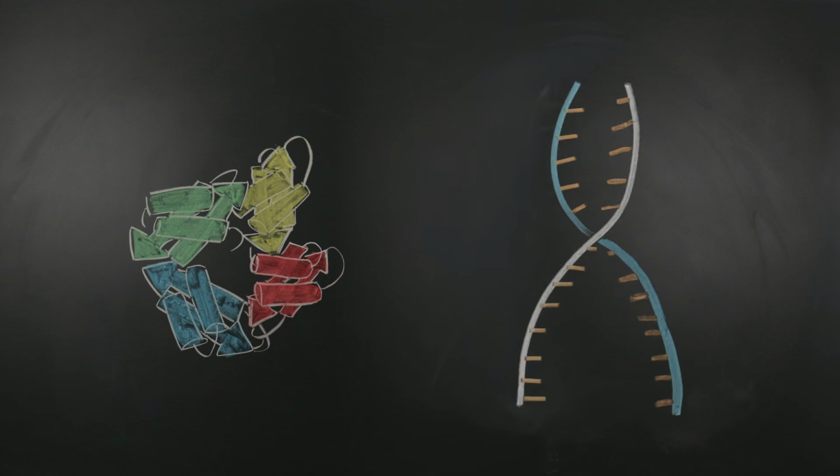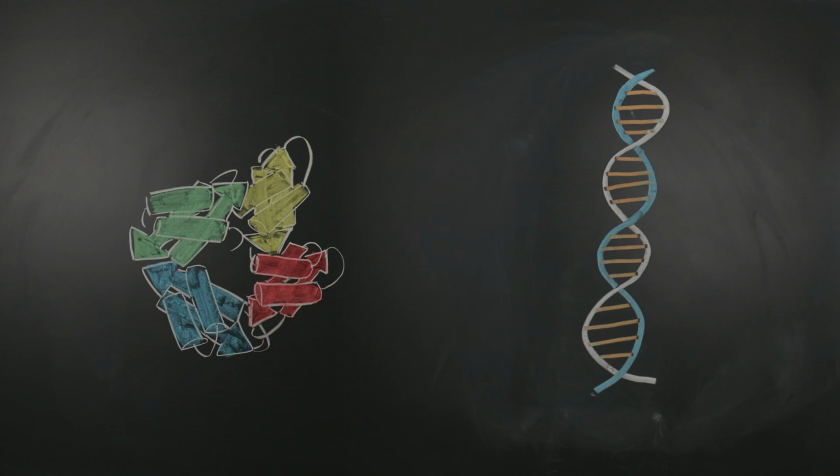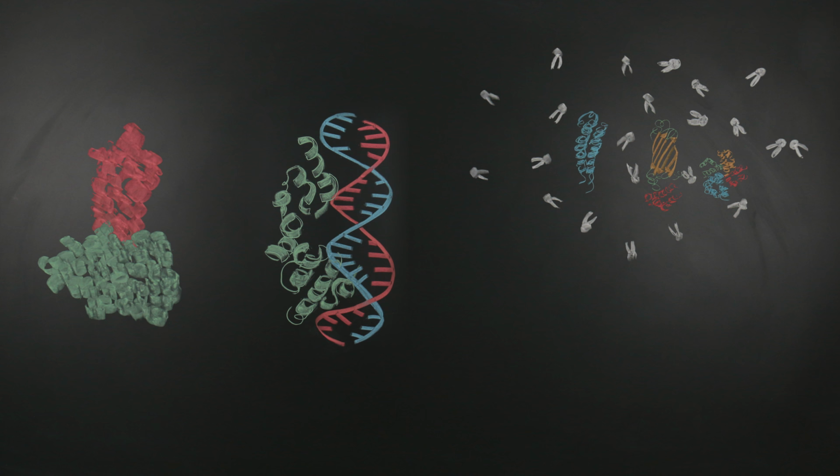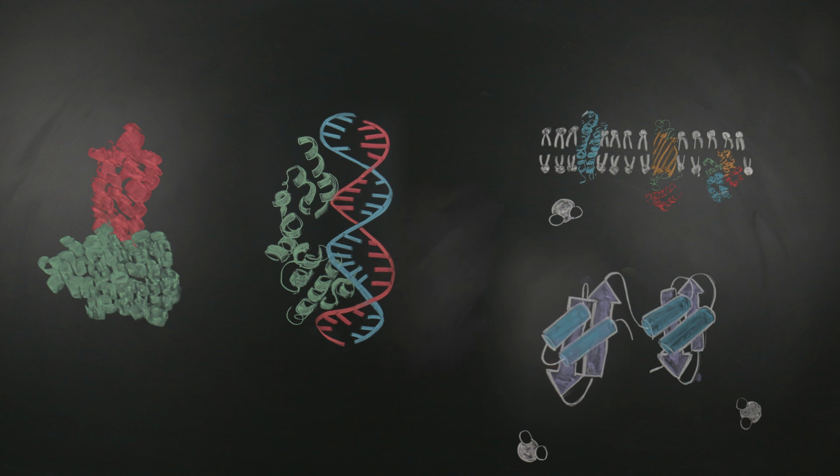How then do macromolecules assemble into their functional conformation? We also can use our knowledge of thermodynamics to study macromolecular interactions between protein and protein, between protein and DNA, between protein and lipids, and between protein and water.